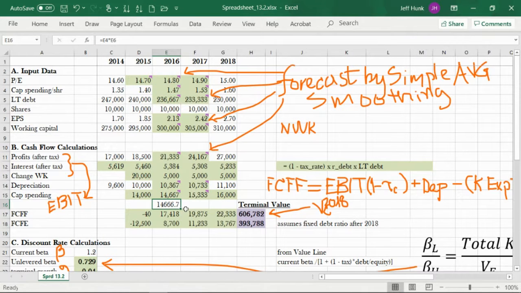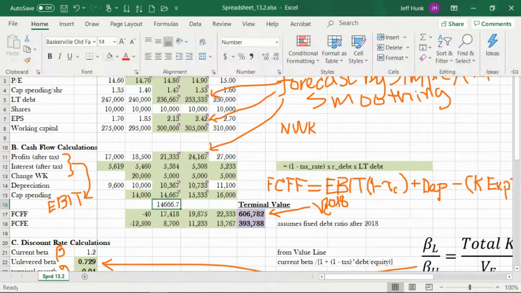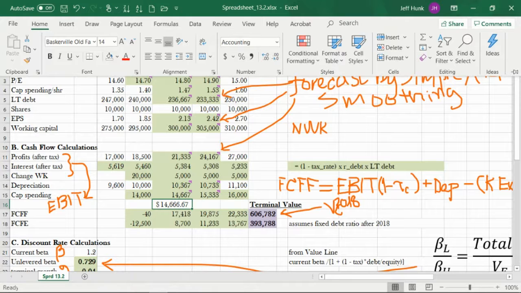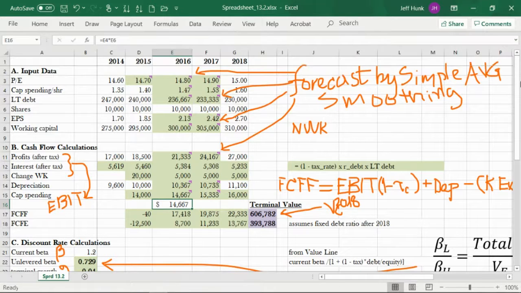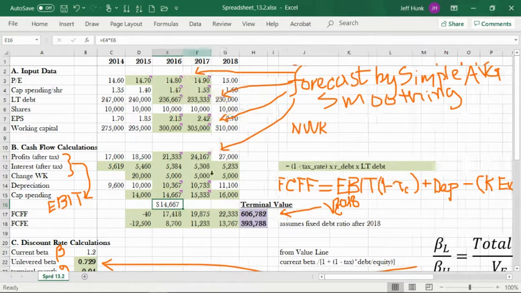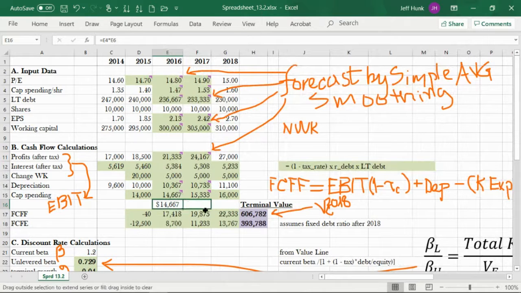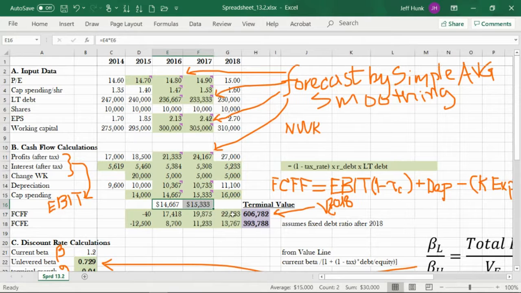Okay. And if you put it into dollars, right? It isn't that different, right?